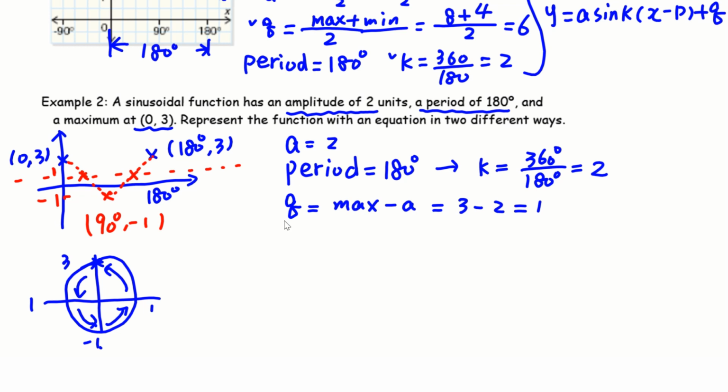So A, K, Q, then the P value. The P value is the x-coordinate of the starting point.